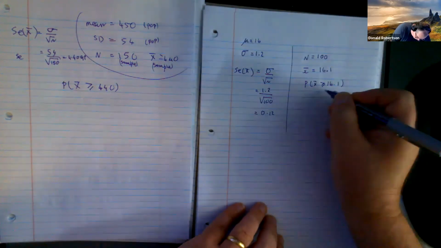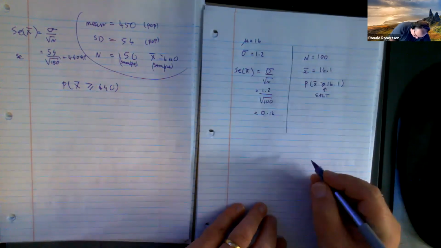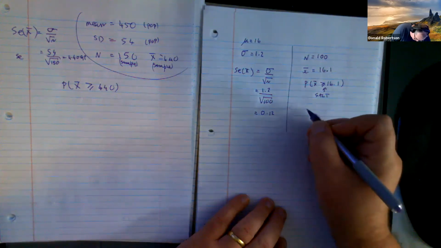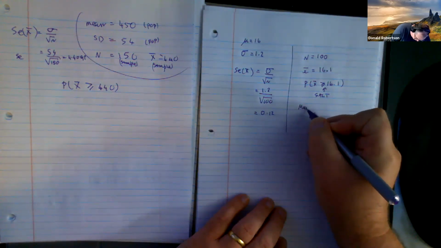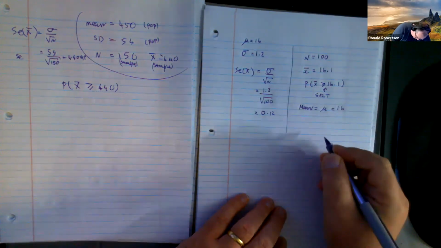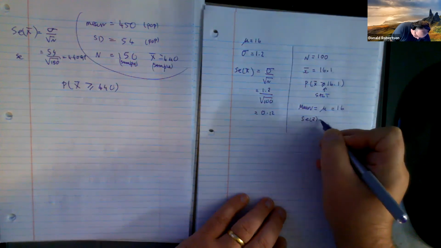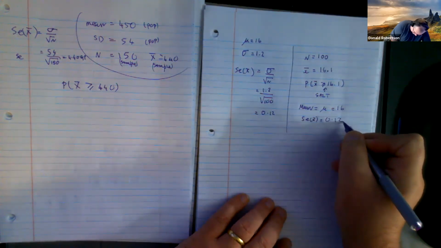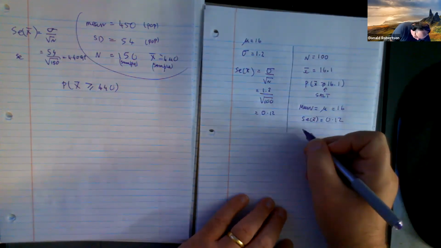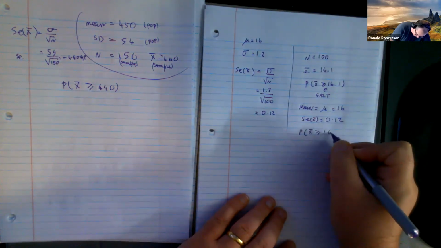We're going to go to SALT to answer this question. The mean that we're going to use is the population mean of 16. The standard error is going to be the guy that we use for the standard deviation. And then we are going to use the one that does that.